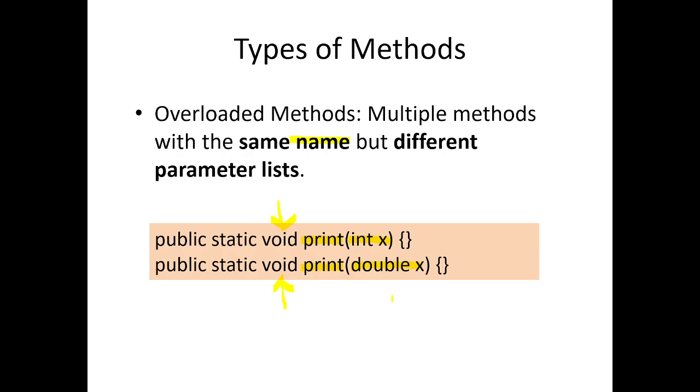If you have different data types, then you need to create another method. Basically this is overloaded methods. So for void print integer x and maybe void print double x, there is a different task for each part that needs to be performed.